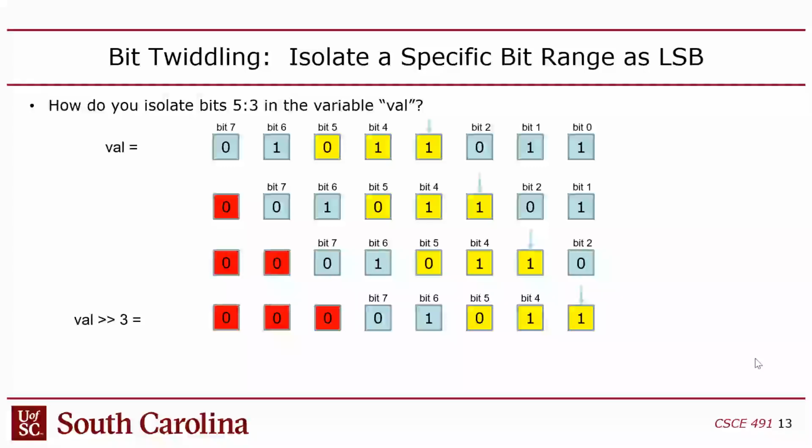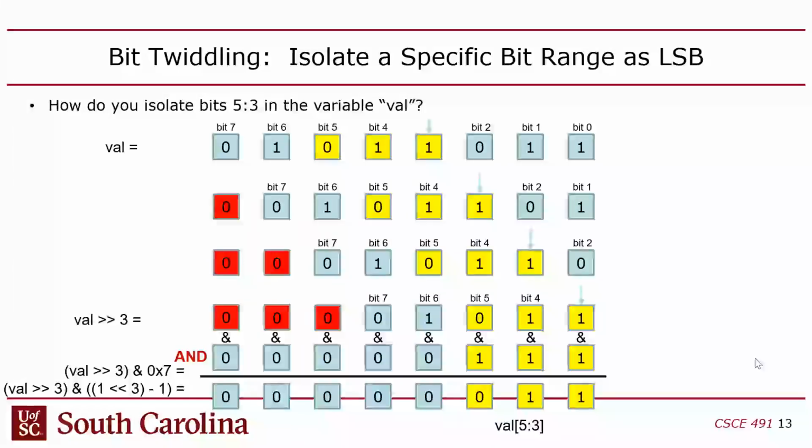How do you mask off 3 bits in C? Well, it's actually kind of hard to do that. One way to do it, the way I like to do it, is to take 1, shift it by 3, because I want 3 bits, and then subtract 1.